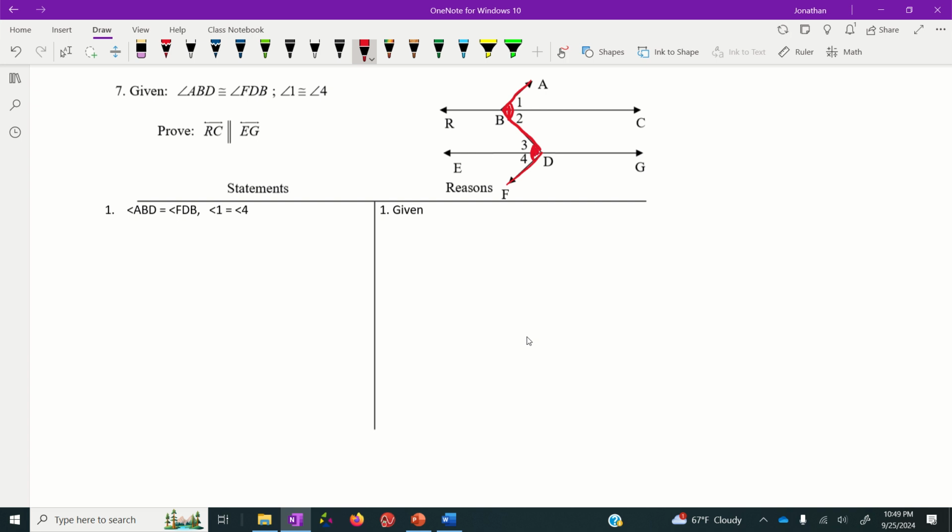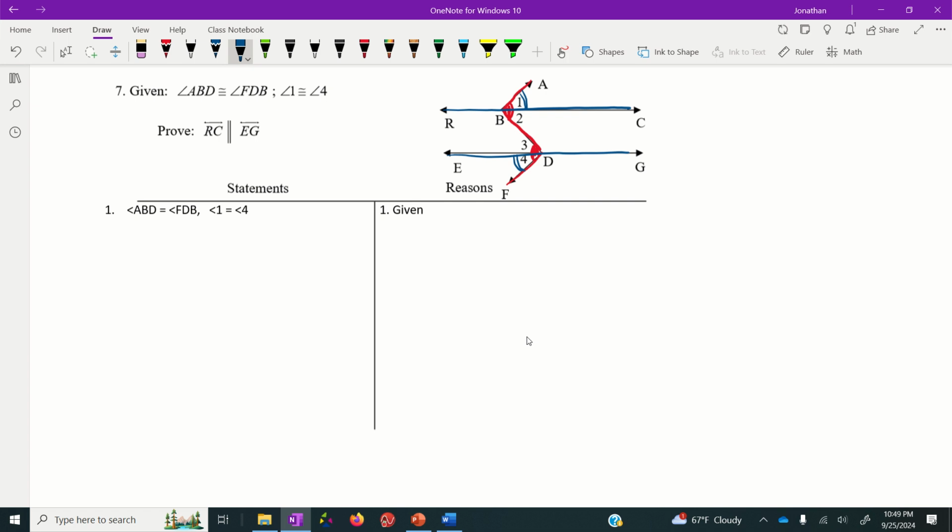I also know that angle 1 is congruent to angle 4. My job is to show that line RC is parallel to EG.